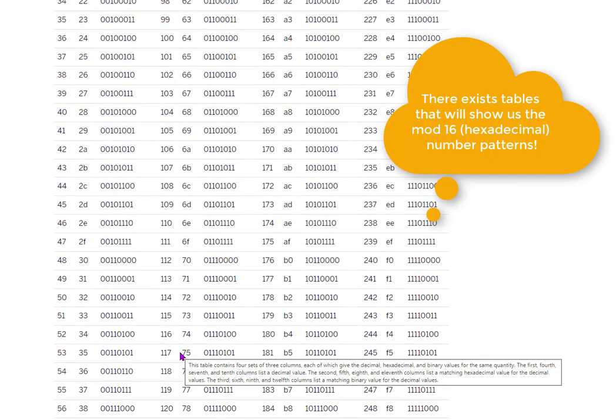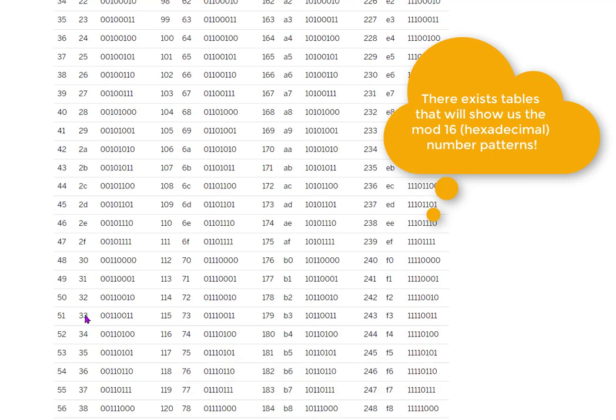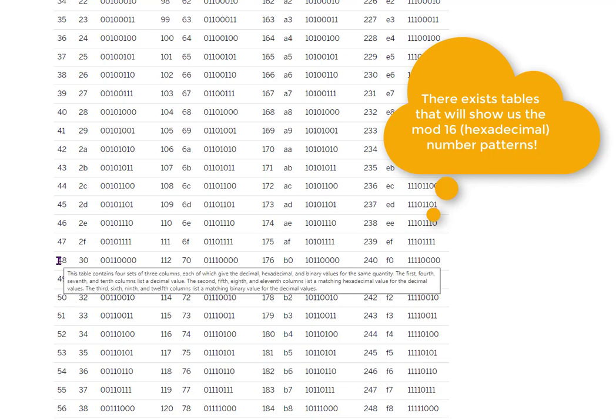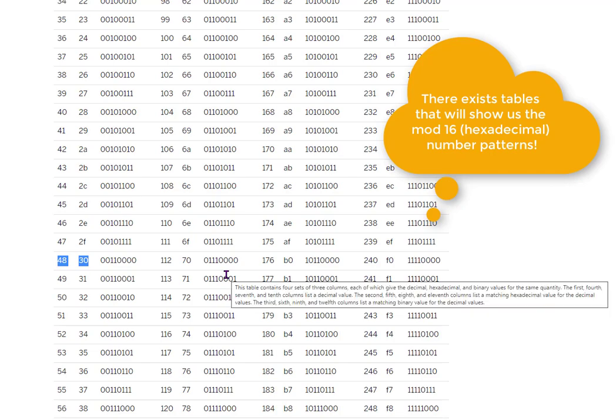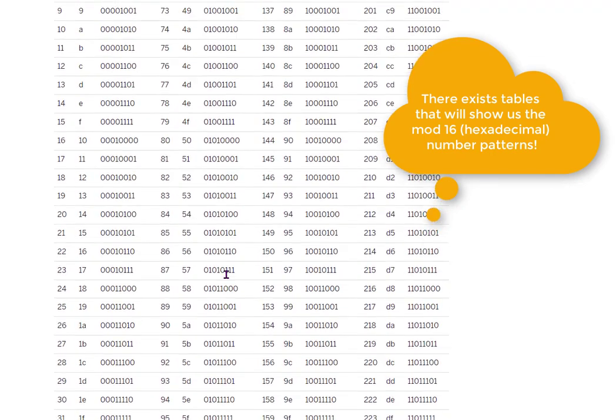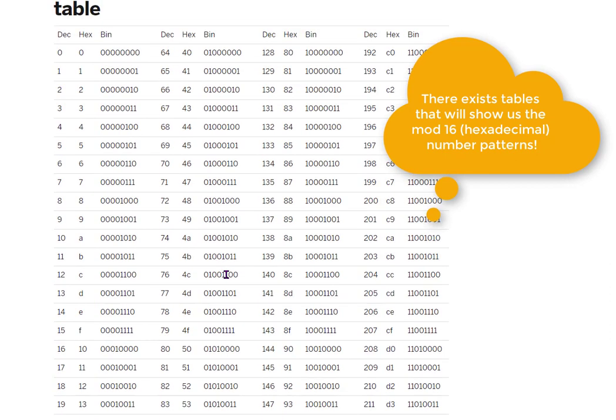You should have said 48, and you should know your multiples of 16, at least the first 3 or 4, especially in computing. 48 is 30, right? Our next multiple of 16 happens to be, you guessed it, 64. 64 is when we start 40 in hex. And you will see the pattern, right?